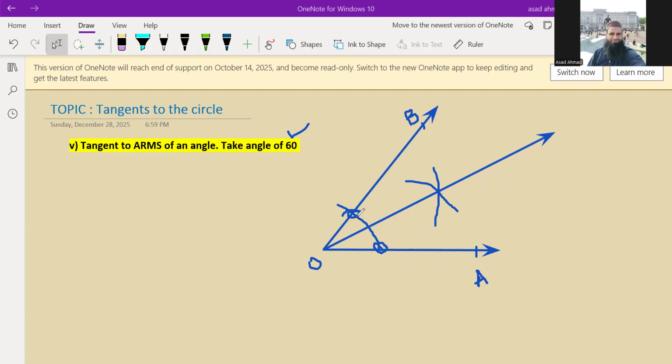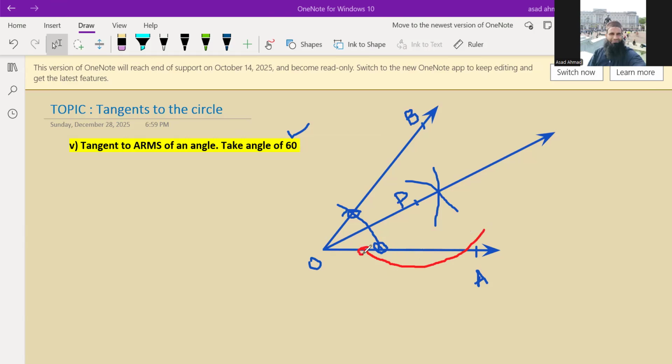The next step is you have to take any point anywhere on the angle bisector. Let's suppose I take point P right here. This is point P. On the angle bisector, you have to take one point, and from point P, you have to draw one perpendicular. So how is the perpendicular drawn? For the sake of the perpendicular, take point P and draw one arc on one arm of the angle.